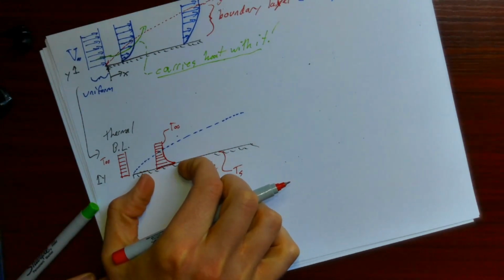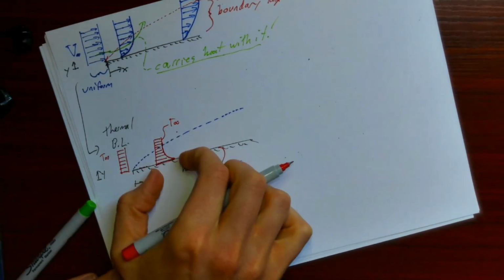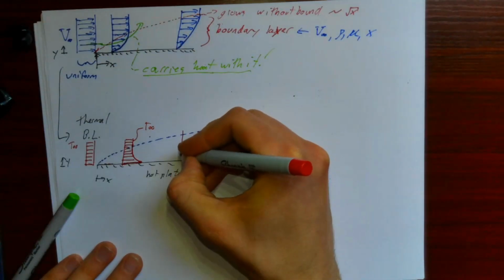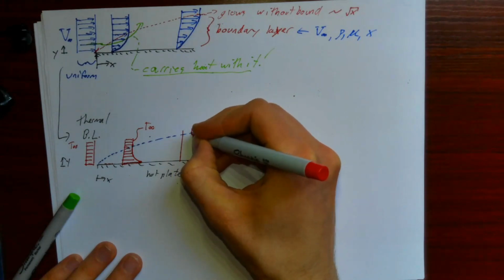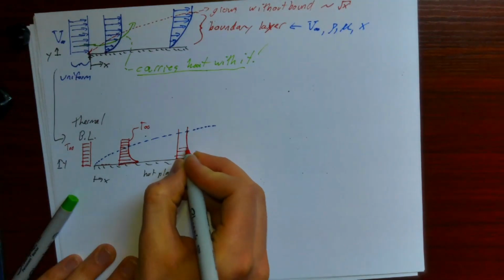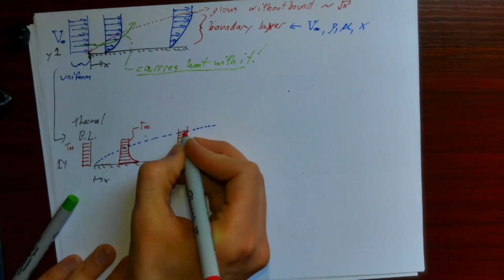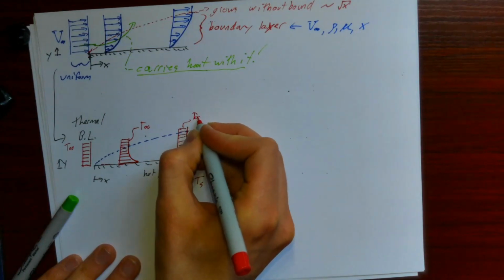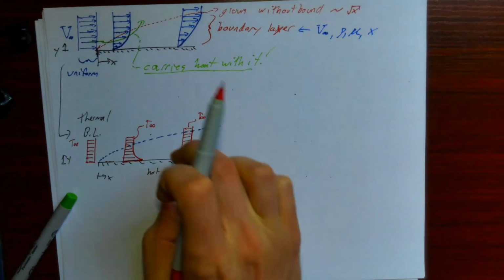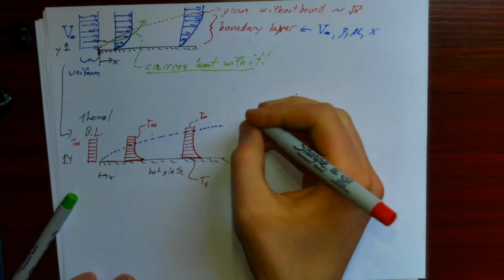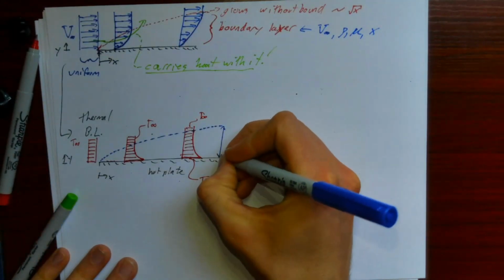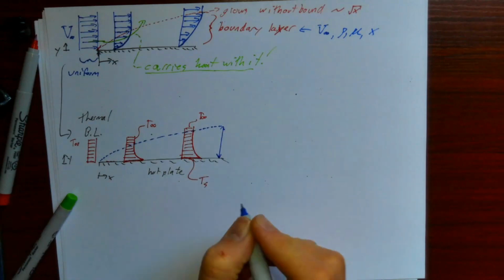So you can imagine the temperature being very hot close to the plate and gradually approaching T infinity as we exit the boundary layer. So I'm still T infinity outside of the boundary layer, I'm Ts at the surface, and inside the boundary layer there's this thickness here.